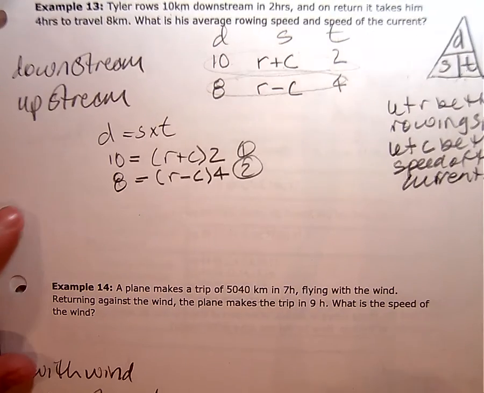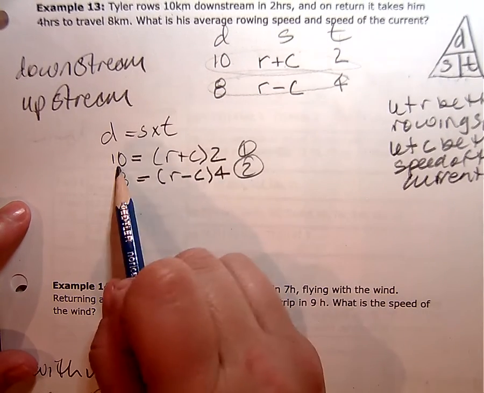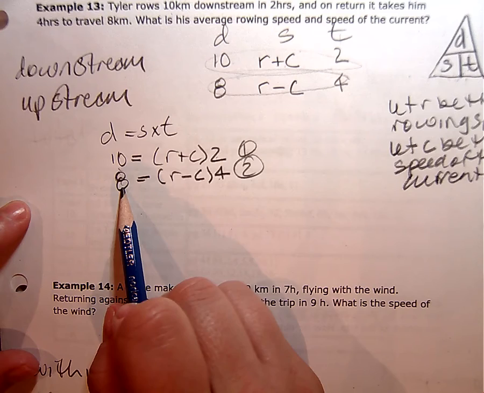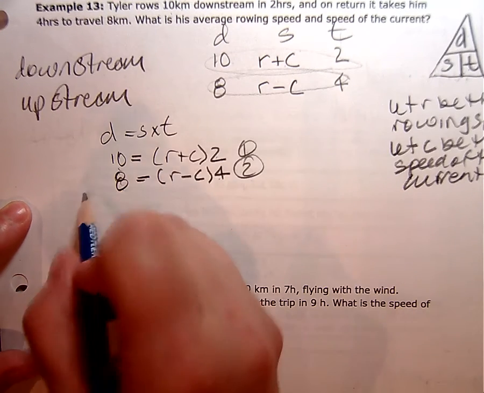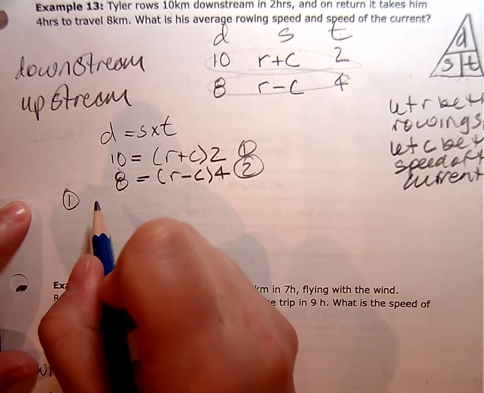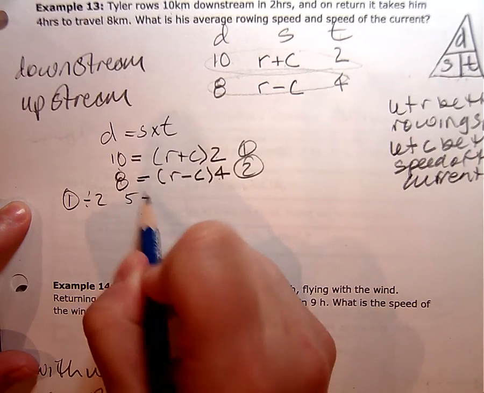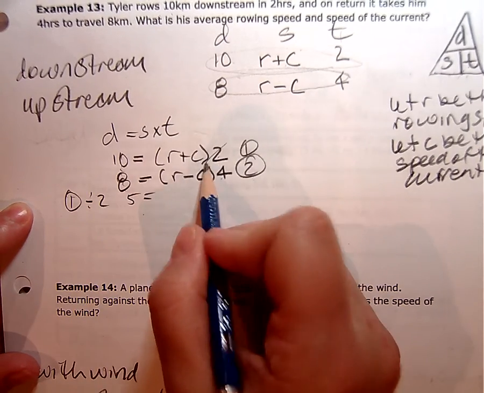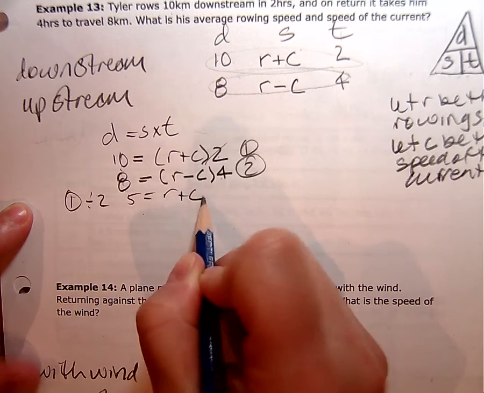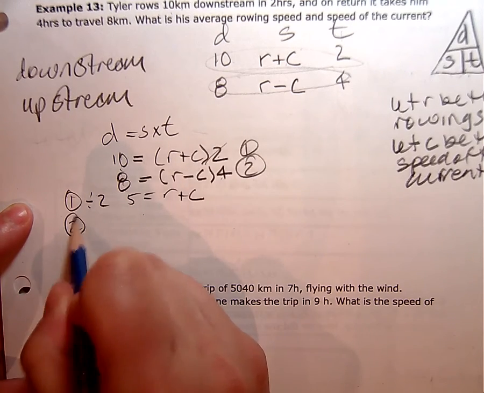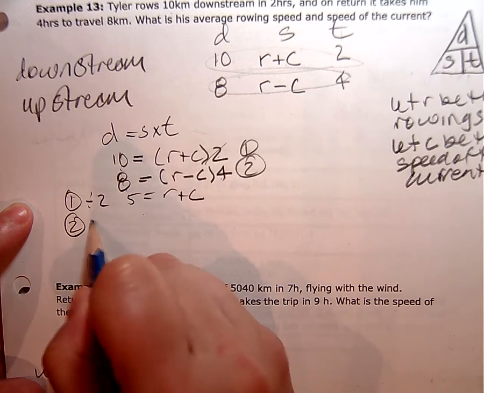Now, I can divide both sides by 2 here, and I can divide both sides by 4 here and simplify. So I'm going to do that. Equation 1 divided by 2. So 10 divided by 2 is 5, and this divided by 2 cancels that, so we just have R plus C. For equation 2, I'm going to divide both sides by 4.